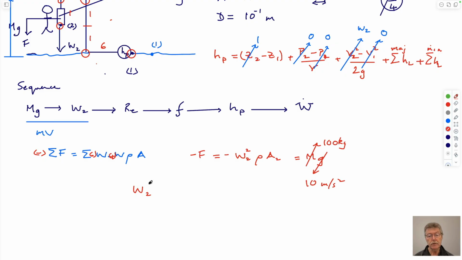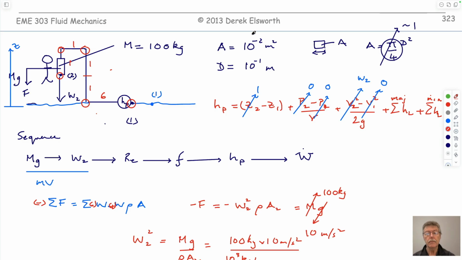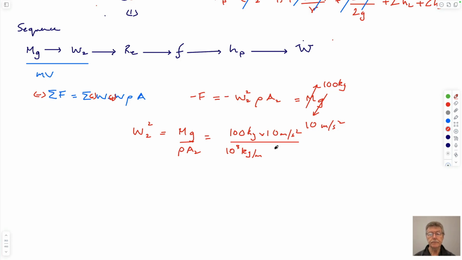So W2 squared is equal to mg over rho A, which is equal to 100 kilograms times 10 divided by density, kg per meter cubed, and area is 10 to the minus 2 meters squared.